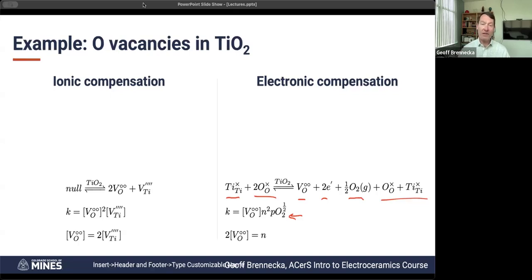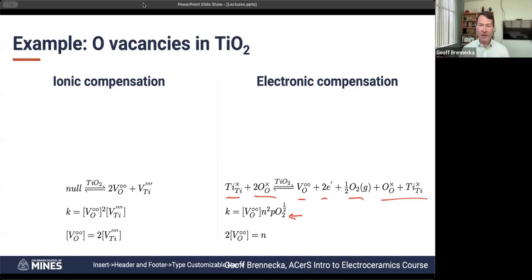We can change the partial pressure of oxygen in our furnace, and from that drive some of these reactions forward or backward. That's the real important reason for doing all of this: we want to understand how to actually tweak the properties of the materials that we care about using the kinds of knobs that we have available in the lab. And that's why representing this in terms of PO2 ends up being key.